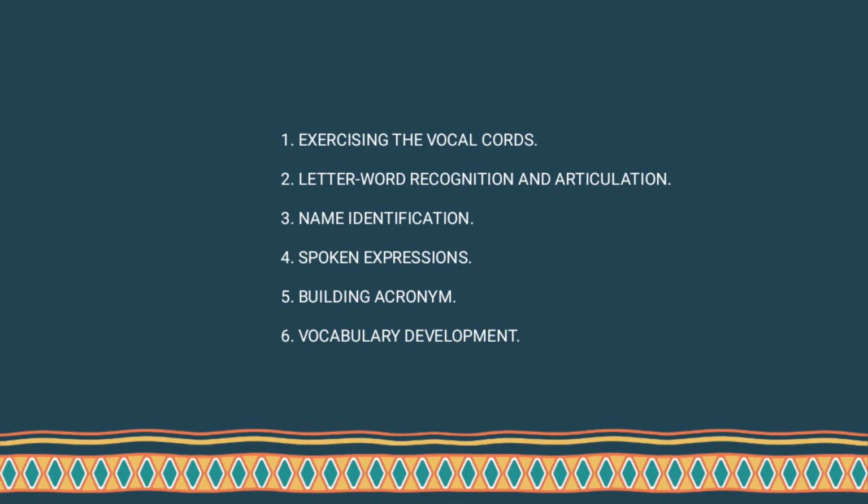Examples of these are individual and team presentations of song rendition, role play, dialogue, and others. And the fifth one is building acronym. So, students use their family names or most cherished virtue as an acronym. Then they read their output with well articulated words and utterances.